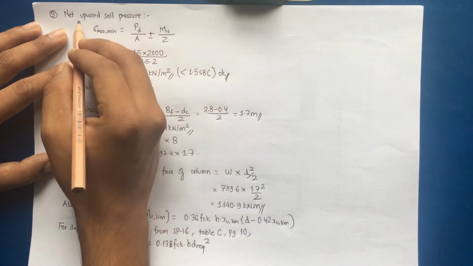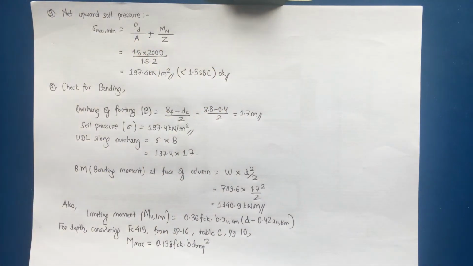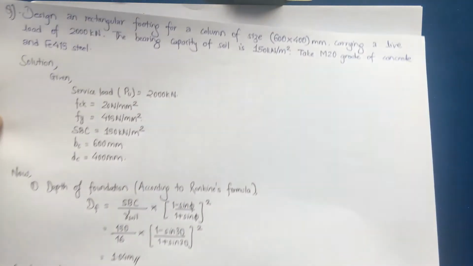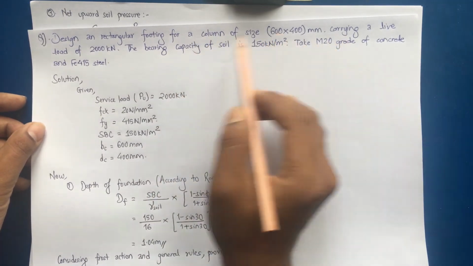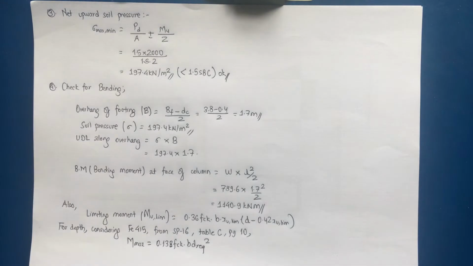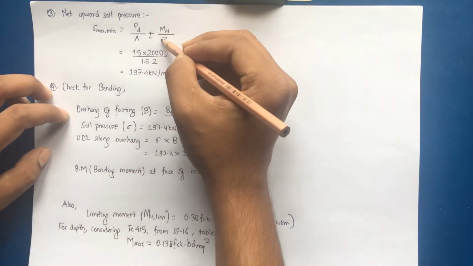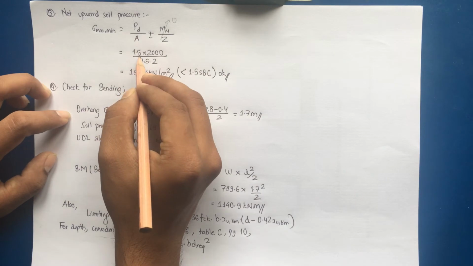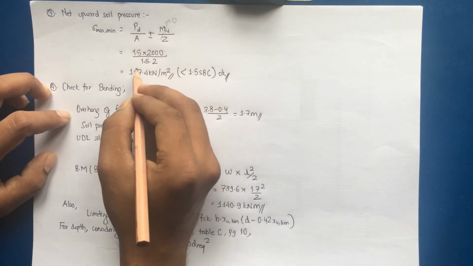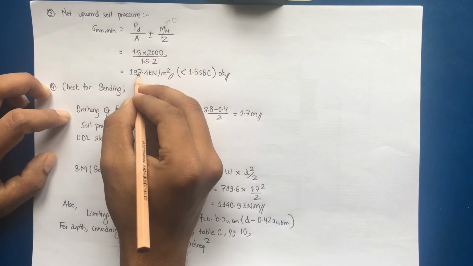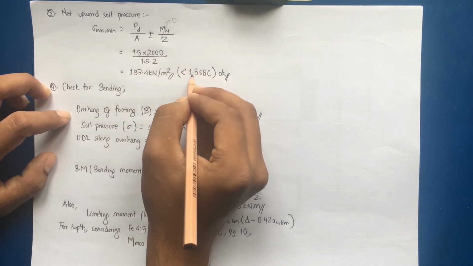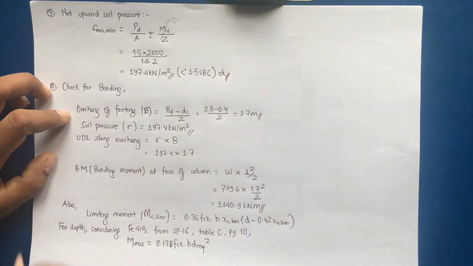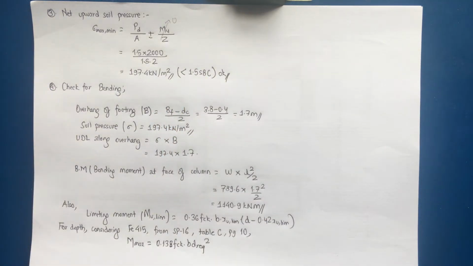So for now we are provided with an axial load only. That is, there is no moment acting on the structure. So for a column carrying a load of 2000 kilonewton, that is purely axial load only, this term will be equal to 0. Hence 1.5 times 2000 divided by the area provided, that is 15.2. Now this comes as 197.4 kilonewton per meter square, and this should be less than 1.5 times the swell bearing capacity to satisfy the bearing condition.